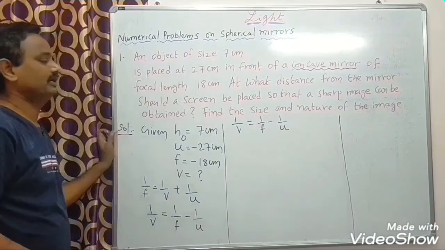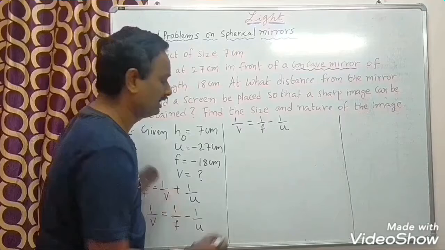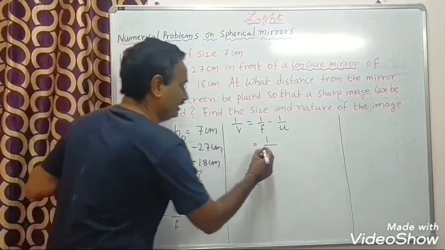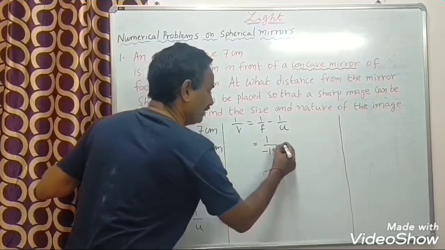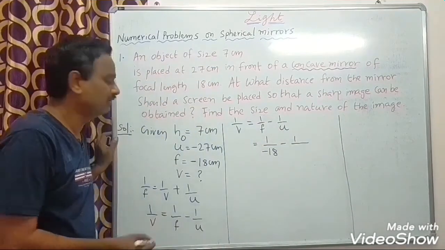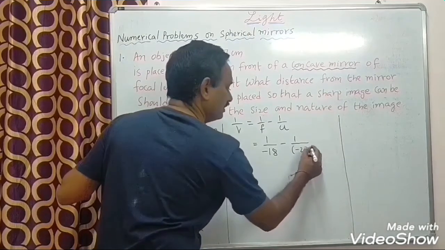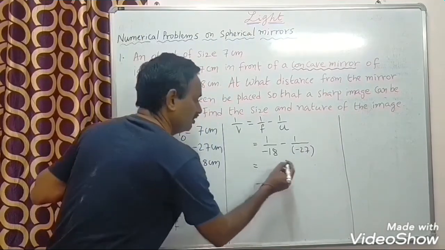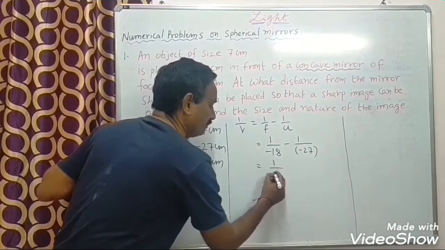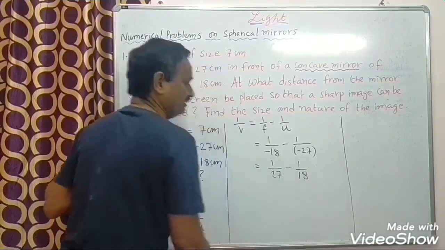So in place of f, I need to write minus 18, minus 1 by u, and in place of u I need to write minus 27. Minus into minus is plus, so I will get 1 by 27. So I will write 1 by 27 minus 1 by 18.